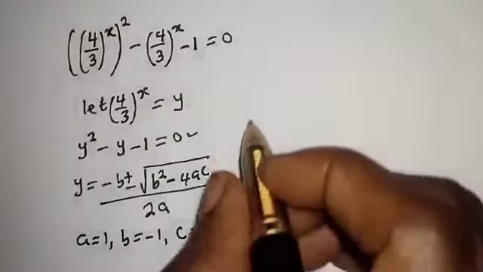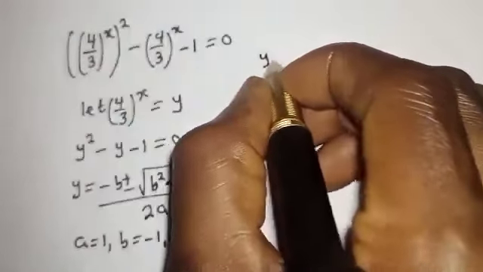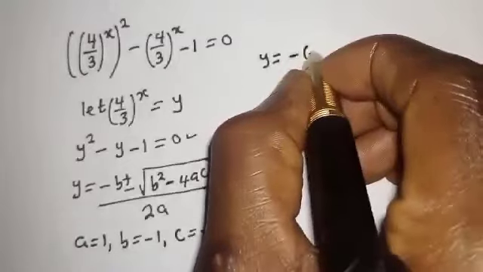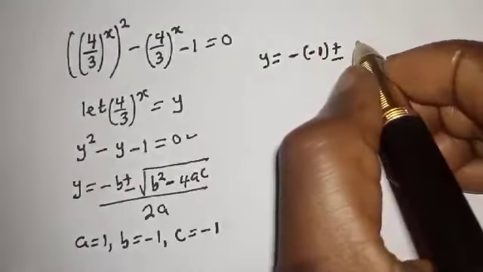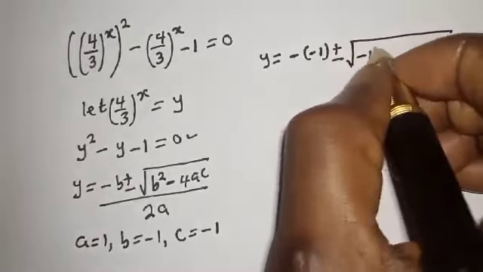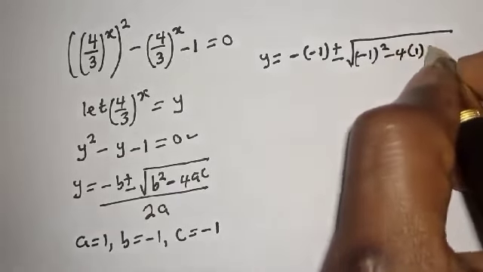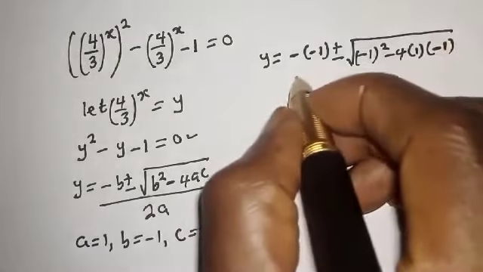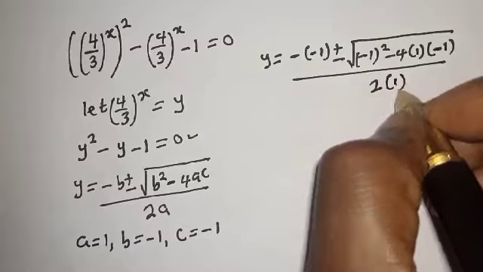Then let's substitute. We have y is equal to minus bracket minus 1 plus or minus square root of minus 1 square minus 4 multiplied by 1 multiplied by minus 1 over 2 multiplied by 1.